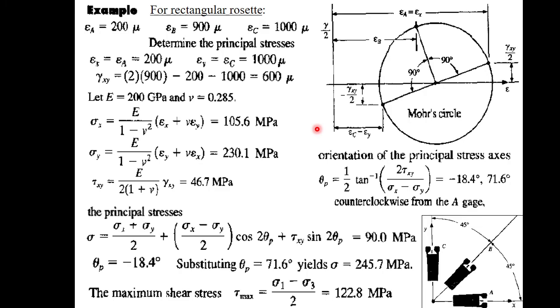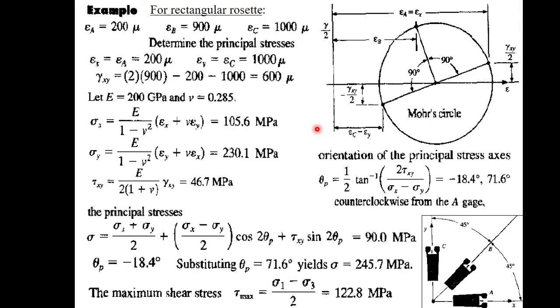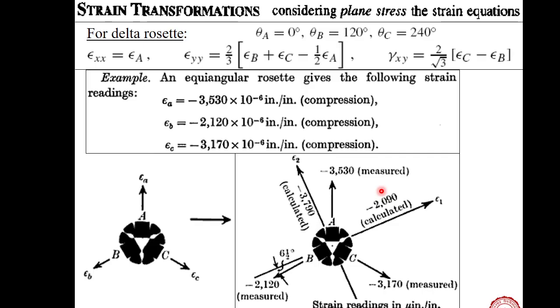Because the reading is correct only when the strain gauge is oriented along the direction of principal stress. There are some other conditions also. If the Poisson's ratio of the specimen we are testing and of the specimen for which the strain gauge was calibrated are identical, then there is no error.